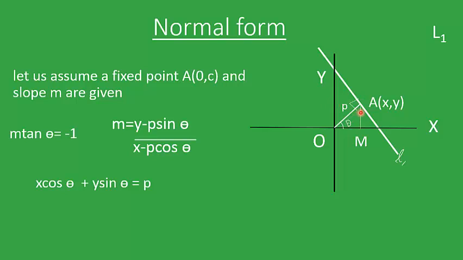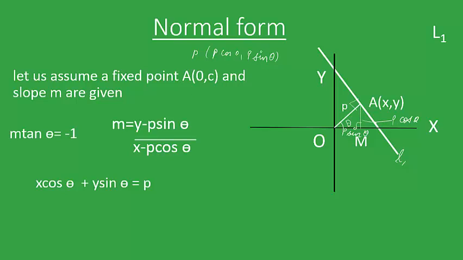To calculate the point, we have this angle equal to 90 degrees, and this is the hypotenuse and the angle. So we can calculate the coordinates easily by simple trigonometry, as this will be equal to p cos theta, and this will be equal to p sin theta. So let's write it down. We have the point P as p cos theta, comma p sin theta.